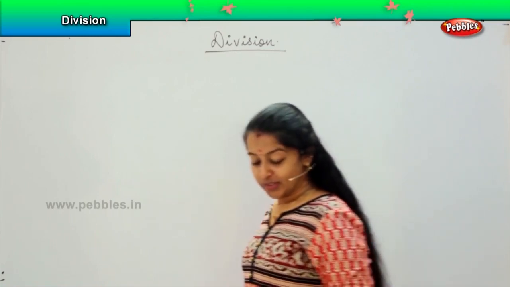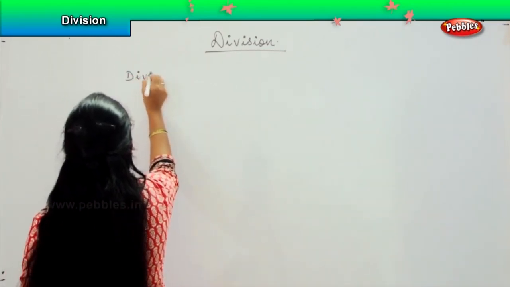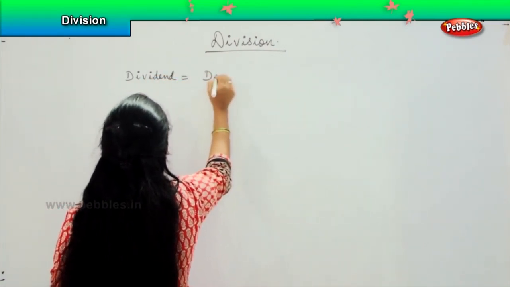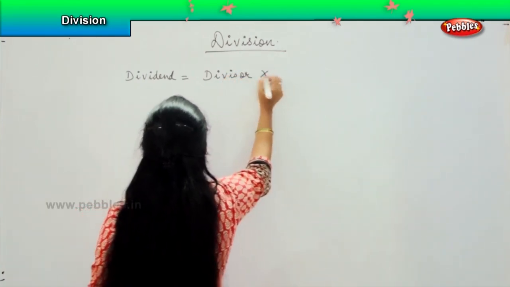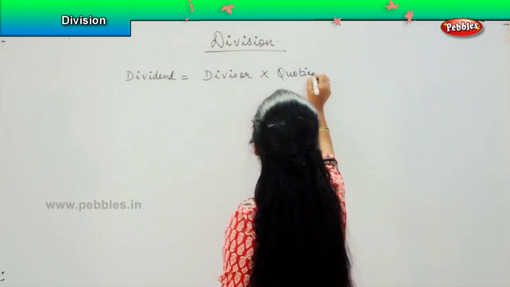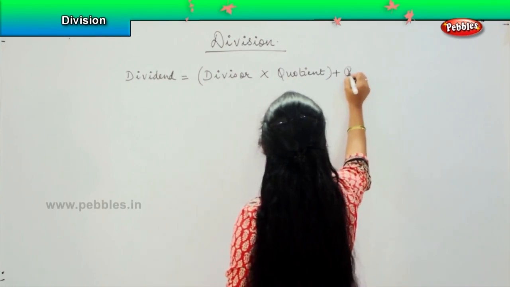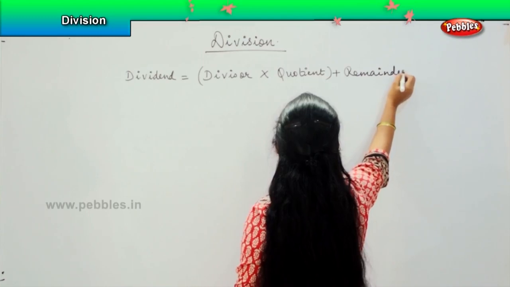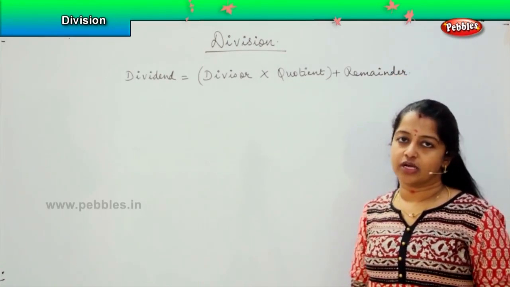Dividend is equal to divisor into quotient plus remainder. So this is the method through which you can cross verify your answer.